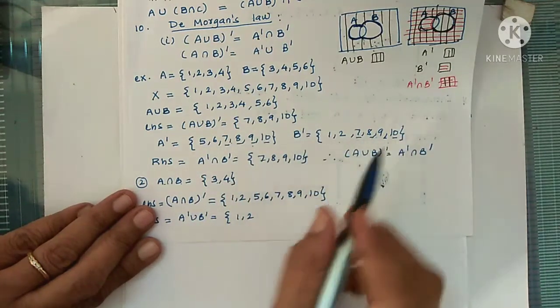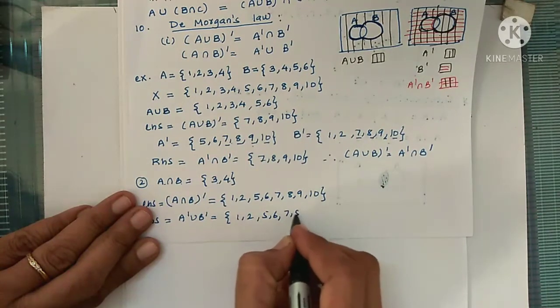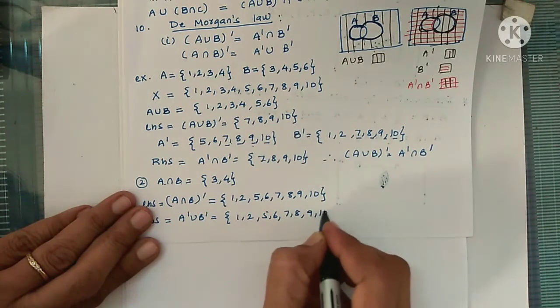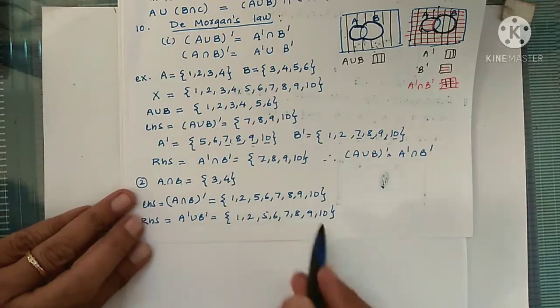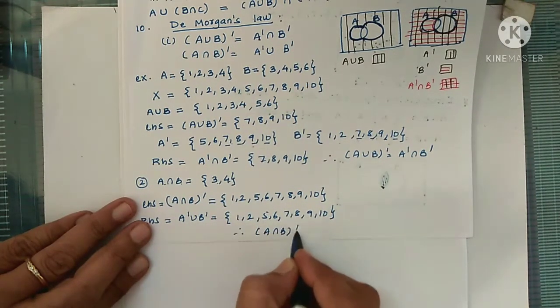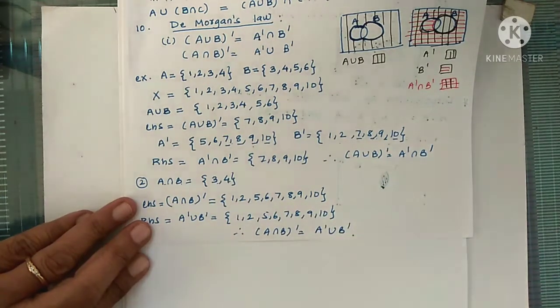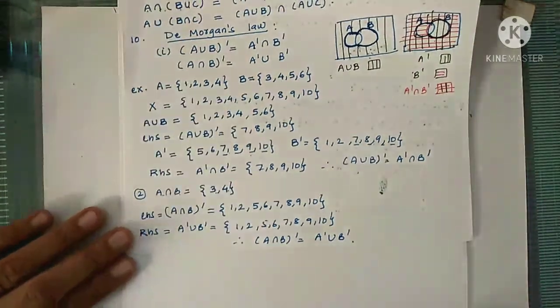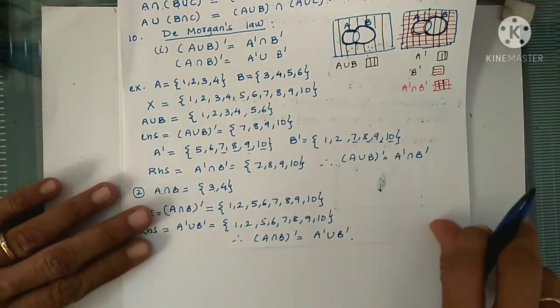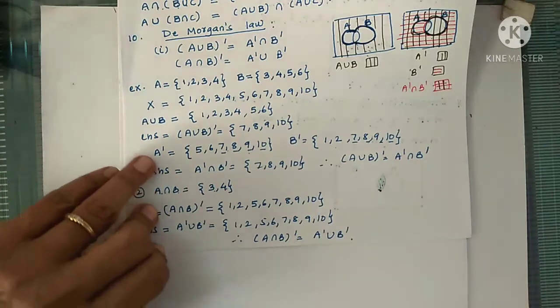Those are the same in both, so we don't repeat the elements. You can see both the sets are the same. Therefore (A intersection B) dash is A dash union B dash. So this is the verification of De Morgan's laws using this example.